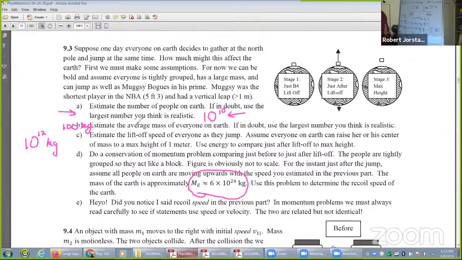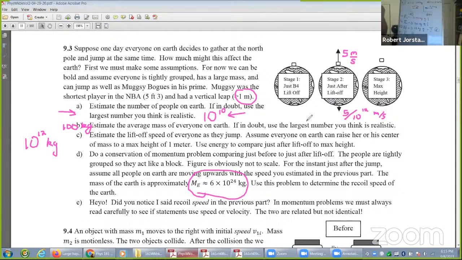Now, I did a quick calculation earlier today, and I think for about a meter jump, this would be 5 meters per second. So imagine if everybody on Earth was as big as me and could jump like some of the best athletes that have ever lived. And we all jumped at the same time. The Earth would be moving downwards at 5 divided by 1 trillion meters per second. So yes, the Earth would move the other way, but it would be negligible.